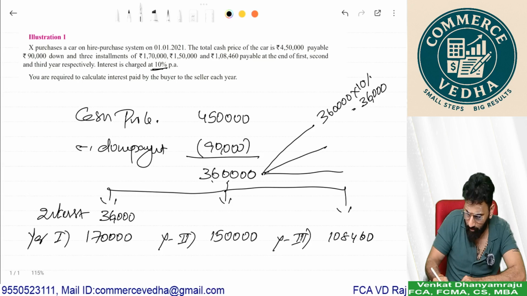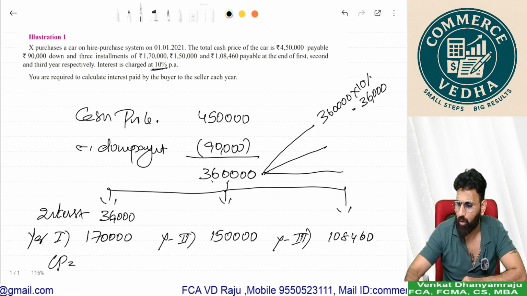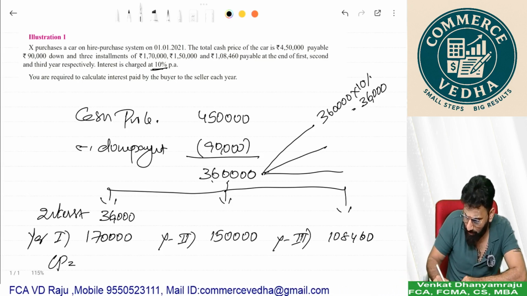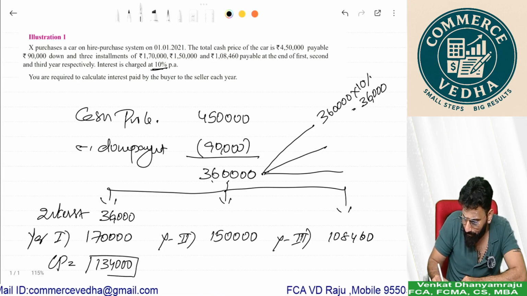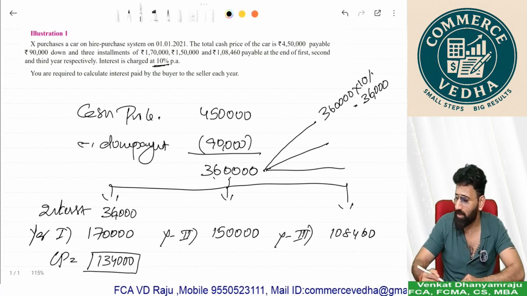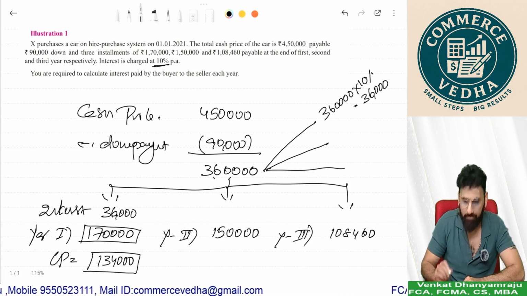If you remove that, your cash price paid in the first year is total installment minus 36,000. You paid a cash price of 1,34,000. 1,34,000 plus 36,000 is your total hire purchase price.